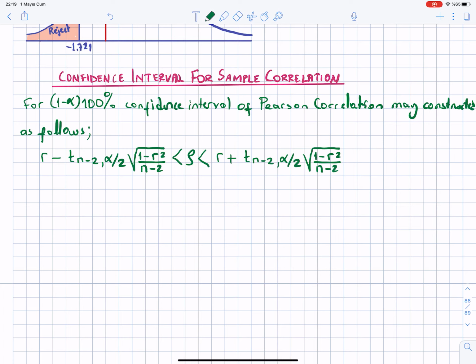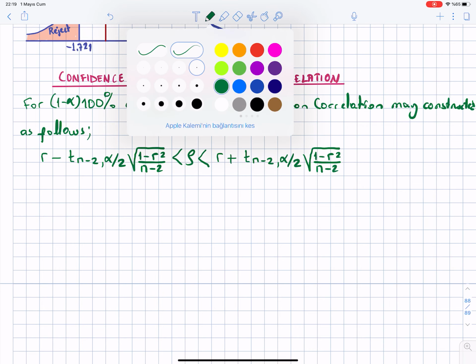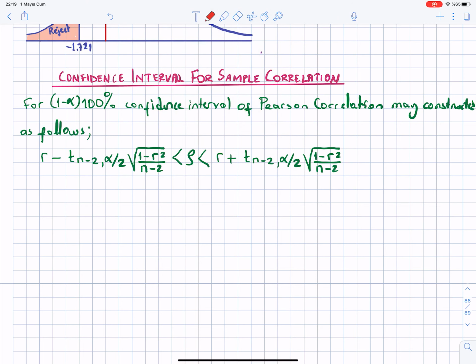You can't consider a correlation less than -1 or greater than 1, so be careful about this. Let's have an example to clarify this.